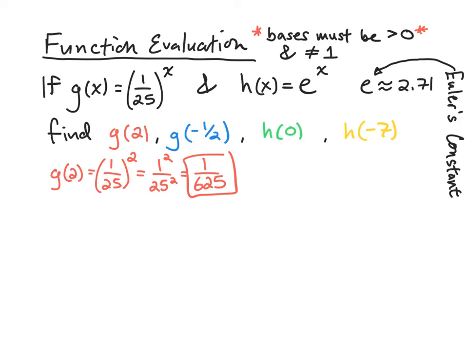Let's take a look at g of negative 1/2. Okay, here comes your half. I said this was going to show up here. All right, g of negative 1/2 means we can write down 1 over 25 to the negative 1/2 power. And there's a lot going on with this exponent.